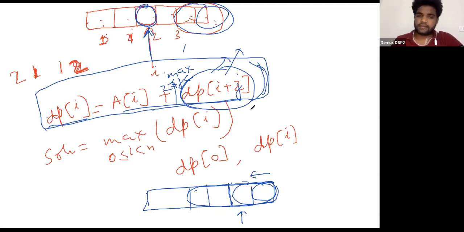So then your DP of I is not including the ith. You are saying that DP of I is the maximum that you can get from I to n minus 1.